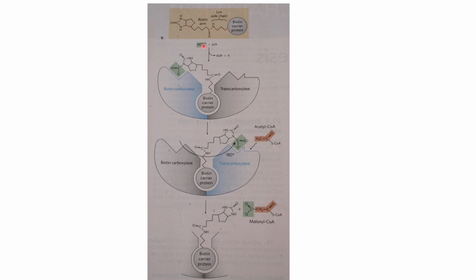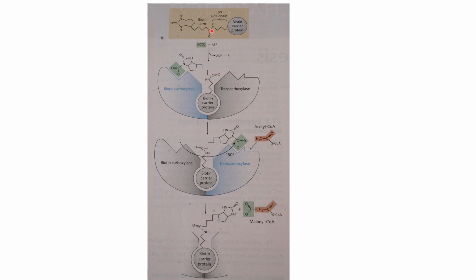We have bicarbonate with consumption of a molecule of ATP, and we get the bicarbonate attached to the biotin moiety here, and the biotin carrier protein is positioned between transcarboxylase and biotin carboxylase in a linear form.